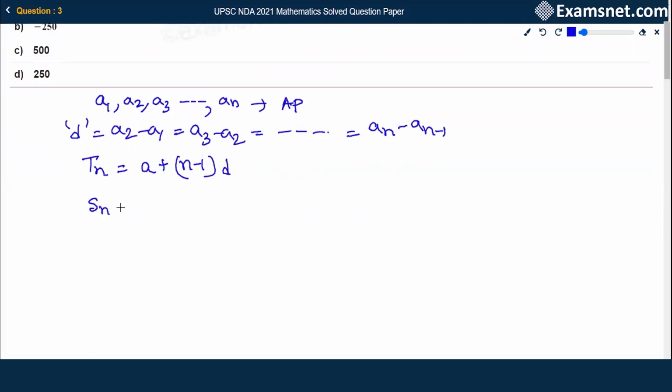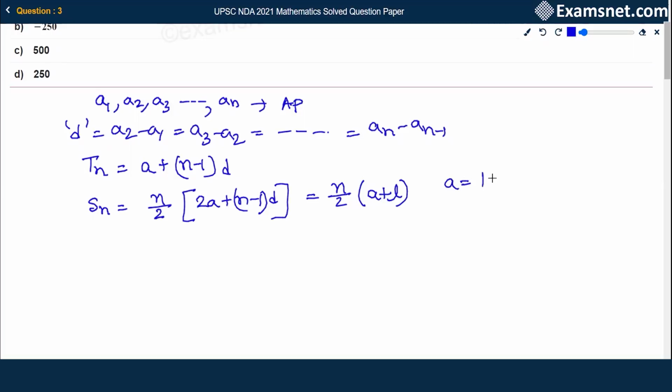How to find the sum of the first n terms? n by 2 multiplied by (2a plus (n minus 1) into D). Also, there is another formula, n by 2 multiplied by (a plus L), where a is the first term and L is the last term. So this is what I have explained to you about AP.